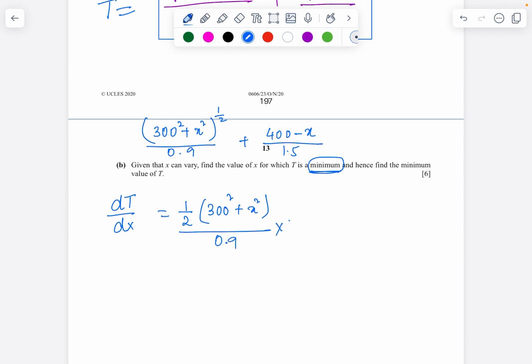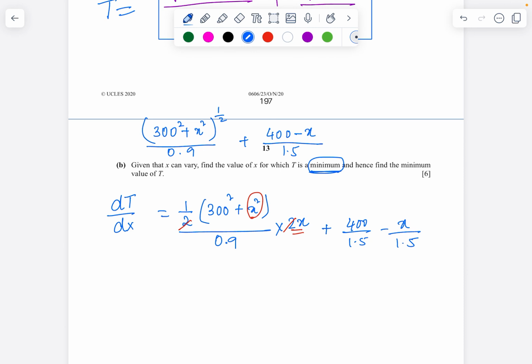Times 2x, because the derivative of x squared is 2x. So I can cancel this. So this gives me, maybe later we can simplify. Then plus 400, I can write this one as 400 over 1.5 minus x over 1, right?